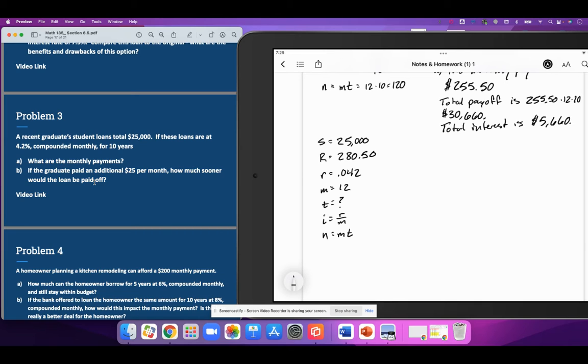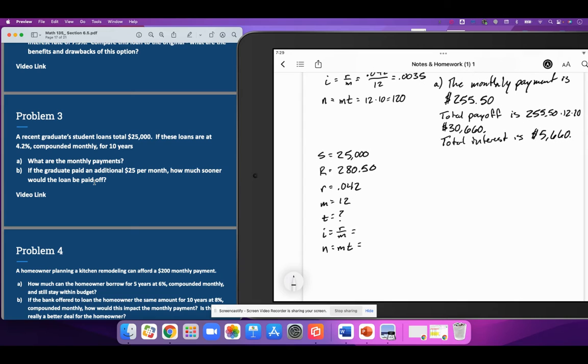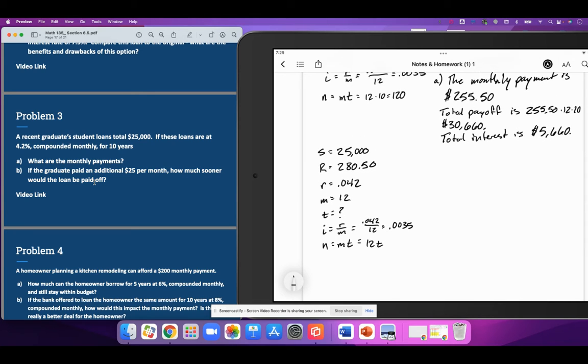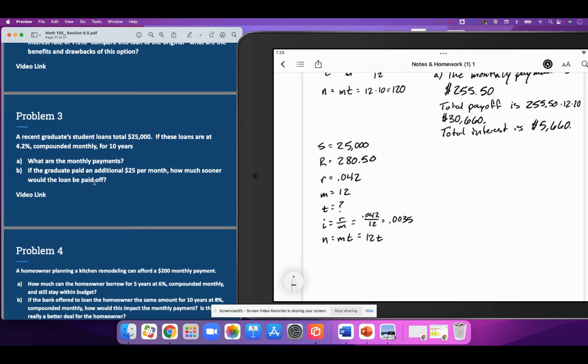If they do this, we're going to figure out how much of a difference putting in $25 more a month will make. So we've got our stuff set up here. 0.042 over 12 is going to be 0.0035 again. MT is going to be 12 payments per year times the number of years, which we don't know, because making additional payments toward the principal of $25 a month should shorten the term of this loan.